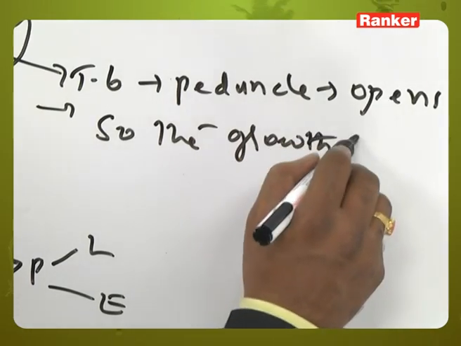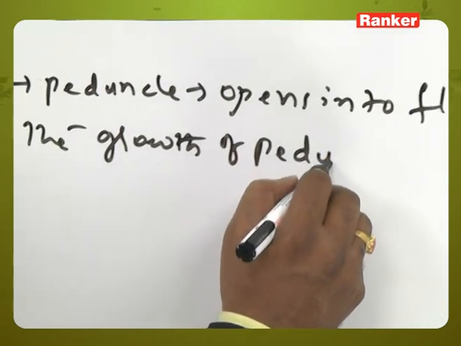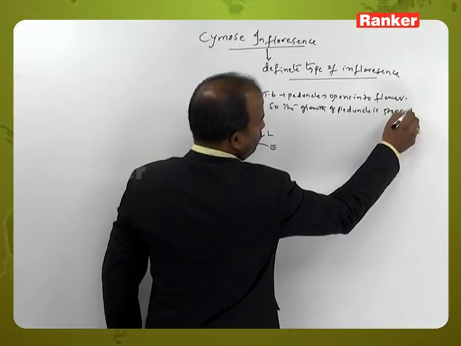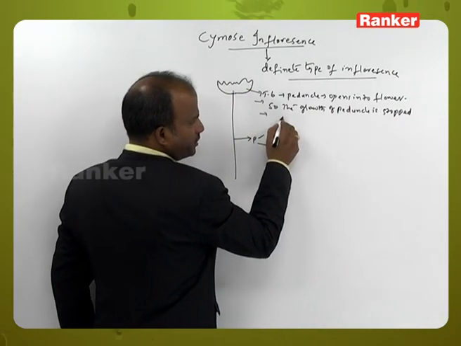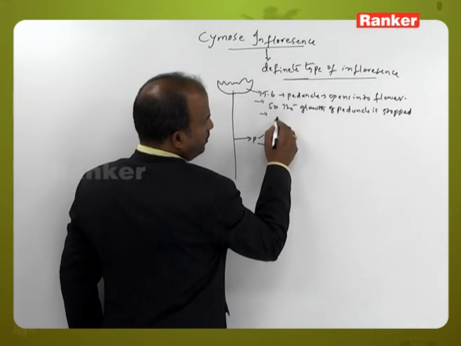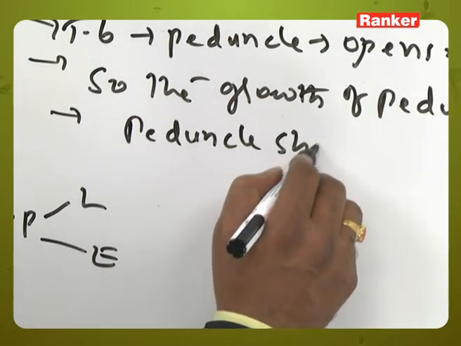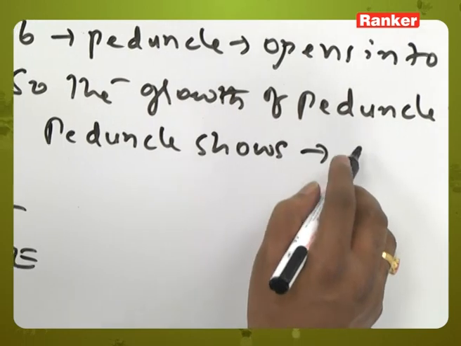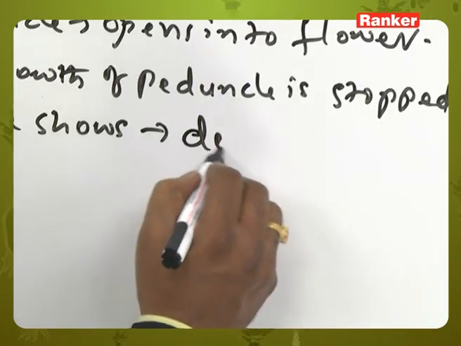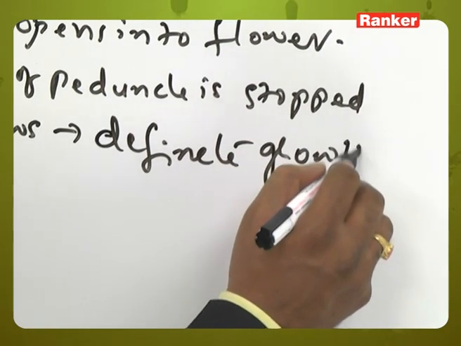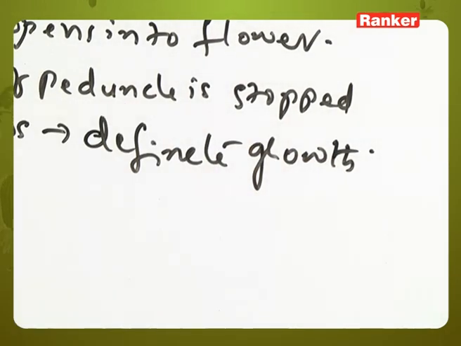So does it show definite or indefinite growth? The peduncle shows definite growth here.